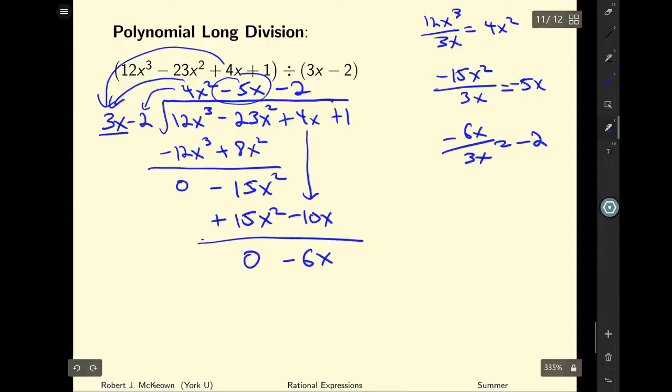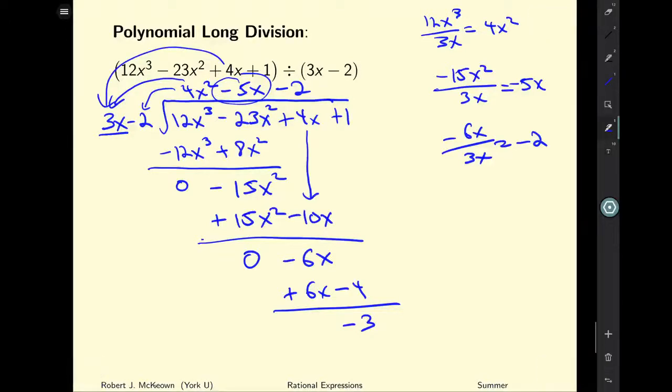So I'll write a negative 2 up here. Now I've got negative 2 times 3x, so that's minus 6x. What about the last term? I've got negative 2 times negative 2, so a minus, a minus, and a minus is a minus. So I'm going to have minus 4. And plus 1 minus 4 is equal to minus 3.